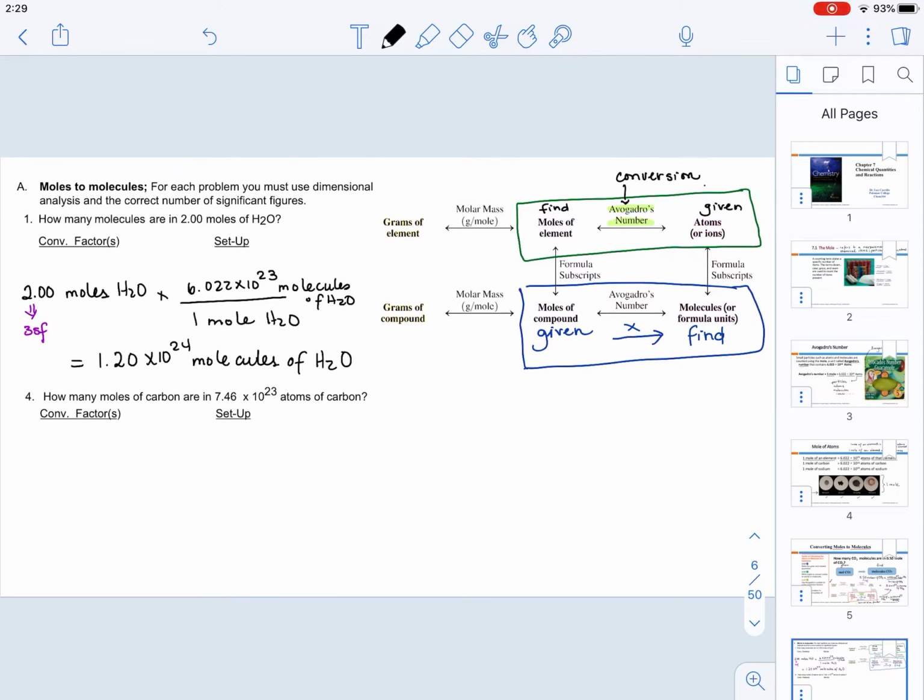So again, I'm going to utilize Avogadro's number as my conversion factor. If we are given atoms and we're trying to find moles, remember that we divide by Avogadro's number. When I set up this problem, I write down 7.46 times 10 to the 23rd atoms of carbon.